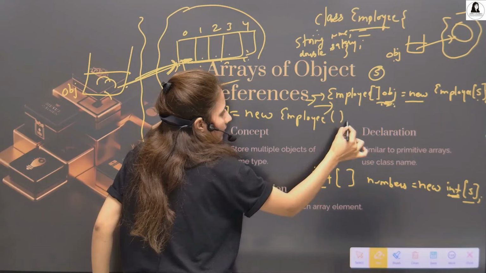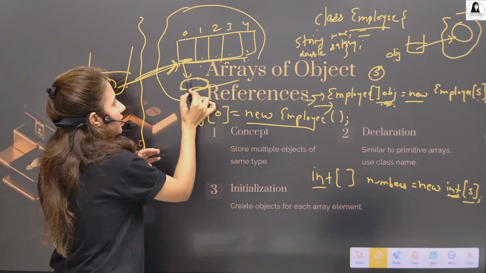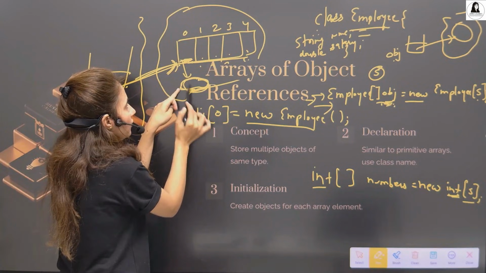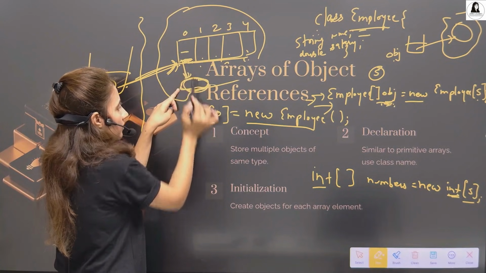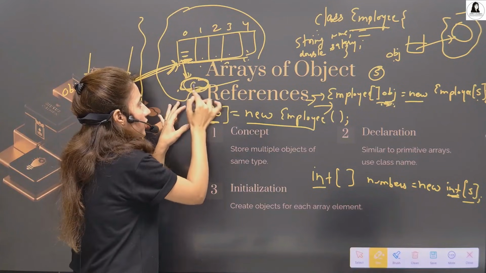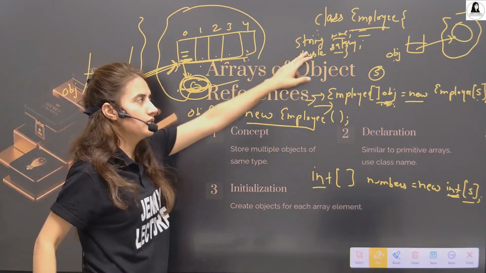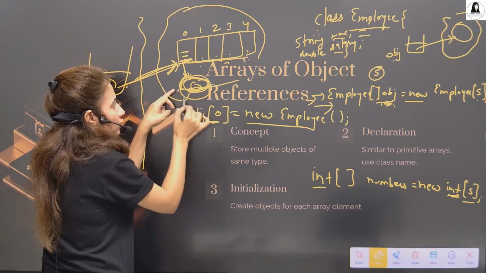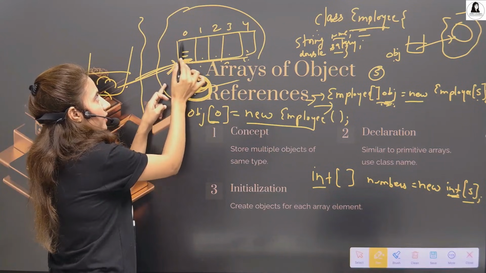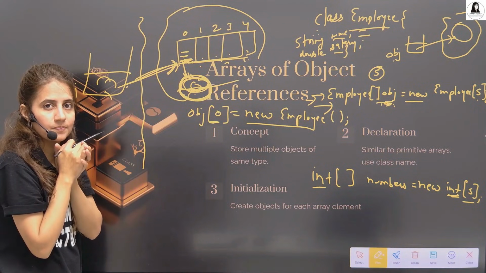Now this will create a new object somewhere in the heap, and the reference of this is stored in this obj 0 here. Here the actual data is stored, name and salary. So memory has been allocated to store this data. Reference of this is here and reference of this is here. Something like this is happening behind the scene.